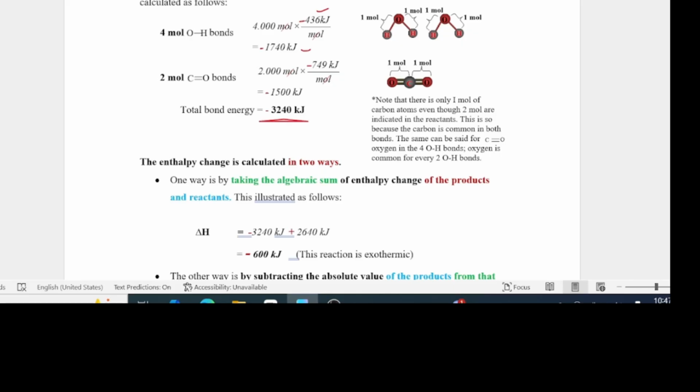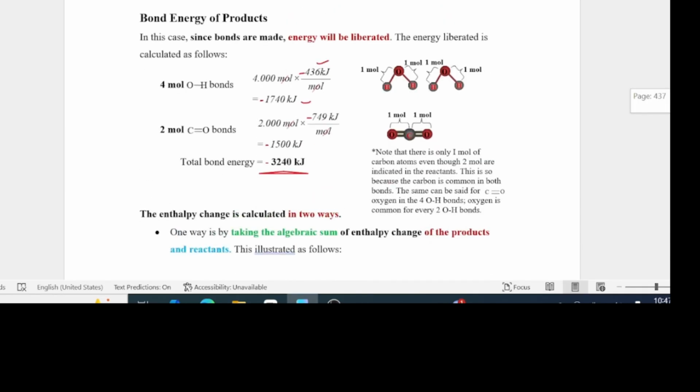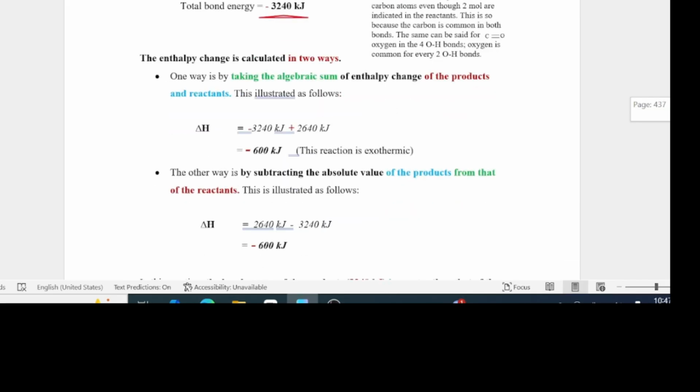You can actually know what's going to happen. We use that amount of energy to break the bonds of the reactants, but that amount of energy is released when products are formed. So how do we use these two values to calculate the enthalpy change? There are 2 ways of doing this. One way is by taking the algebraic sum of the bond energies of the products and reactants.